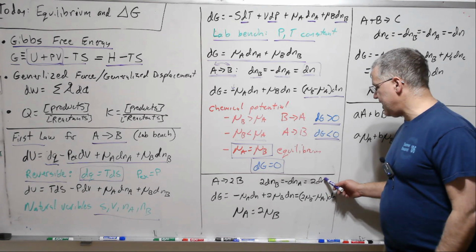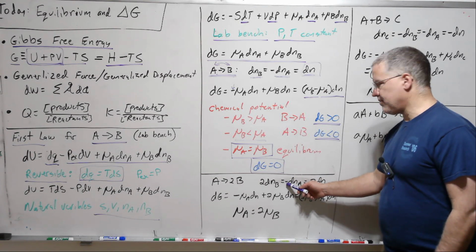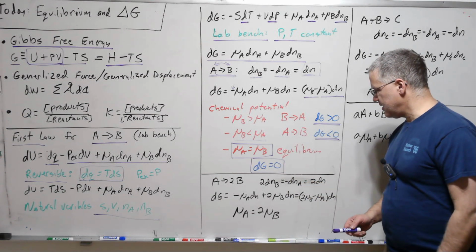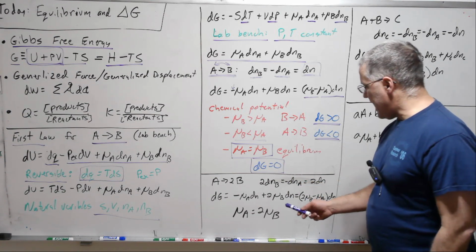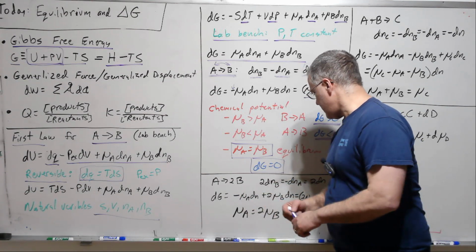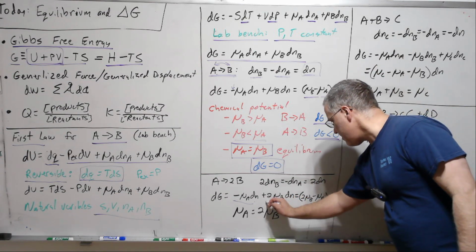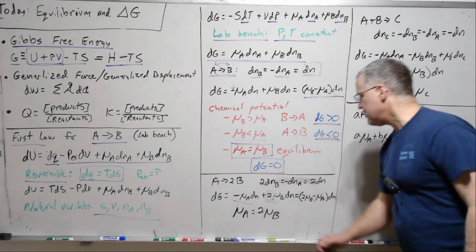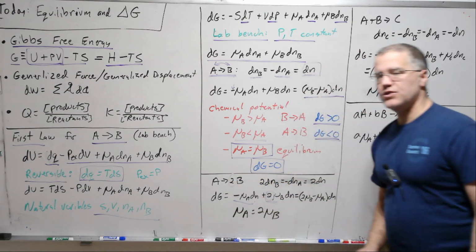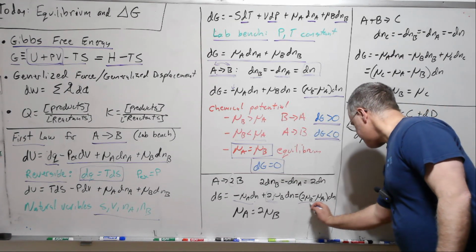So the dN is going to be the same value as dNA except opposite sign. And so when we plug this in, we get our negative, and then 2 comes along, and that 2 is the very same 2 that's sitting up here in the stoichiometry. And so we get this.